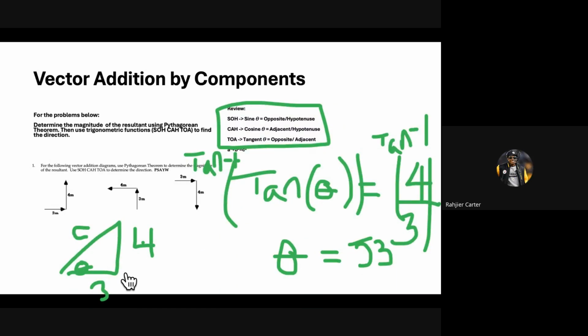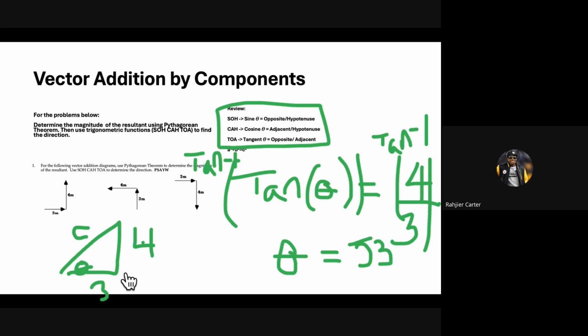How do you do 4/3 on the iPhone? You just do 4 and then divide it by 3. And then press tan^-1.